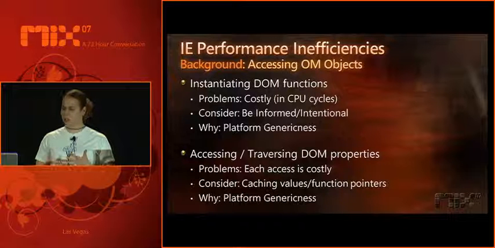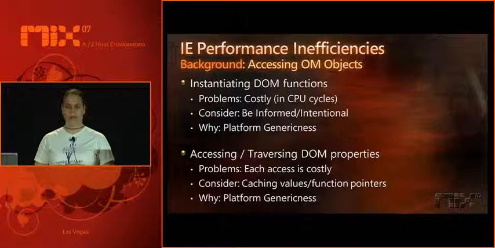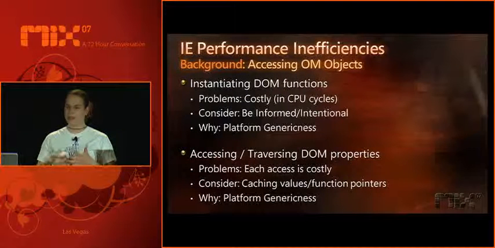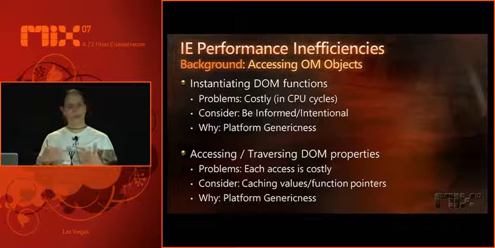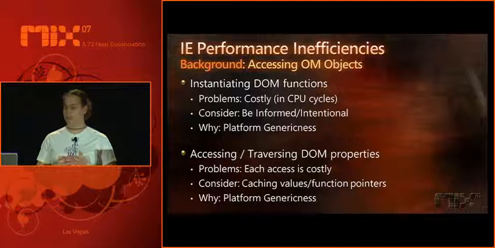And this genericness, while super valuable, and we've seen a lot of people very much embrace the pluggability of IE, comes at some cost. And what happens here is that accessing DOM functions, because you're going through this COM interface between the script engine and IE, does cause some perf impact in terms of CPU cycles and marshalling.